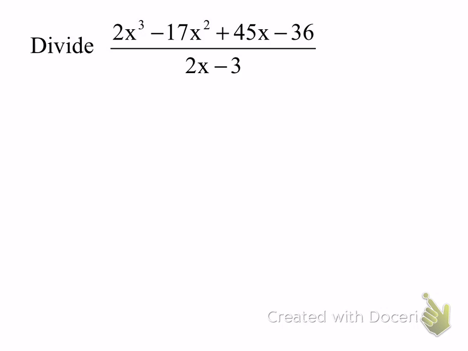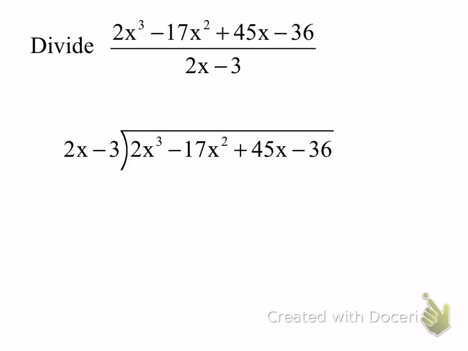Julian, which one goes in the box? 2x cubed minus 17x squared. Good. Plus 45x. So the first one, 2x, what am I multiplying it by to get 2x cubed? X squared. Yep. So x squared, and I'm moving over twice.